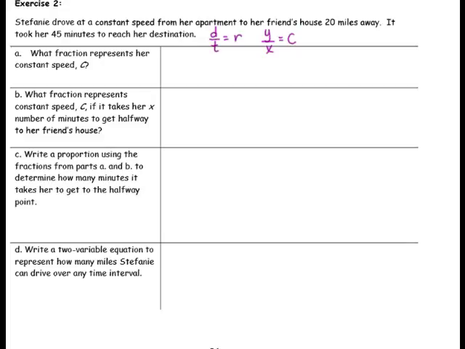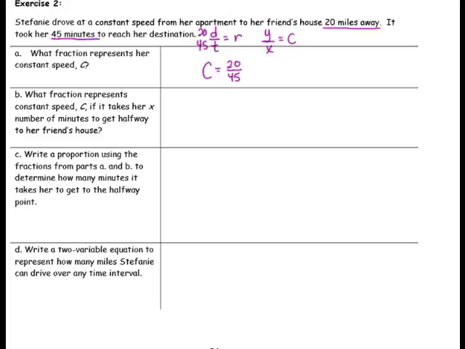The distance is 20 miles, and the time is 45 minutes. So our y value, the distance, is 20. C equals 20 miles over 45 minutes. That is our constant speed. Distance divided by time. Y divided by x.